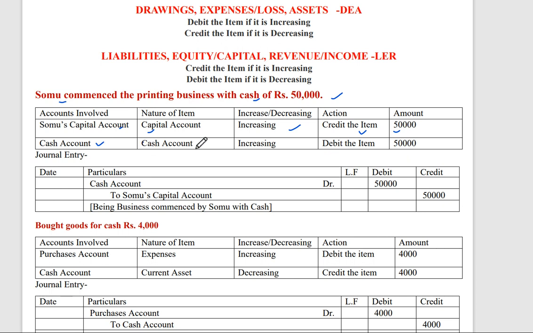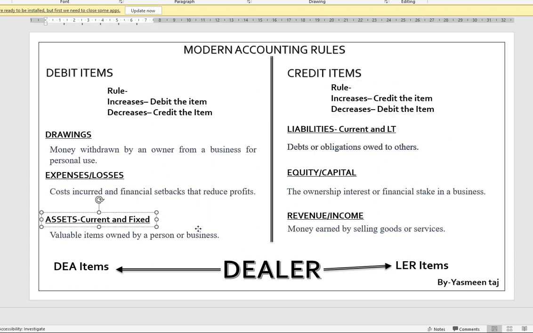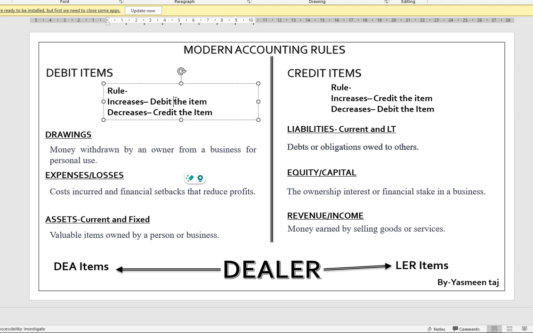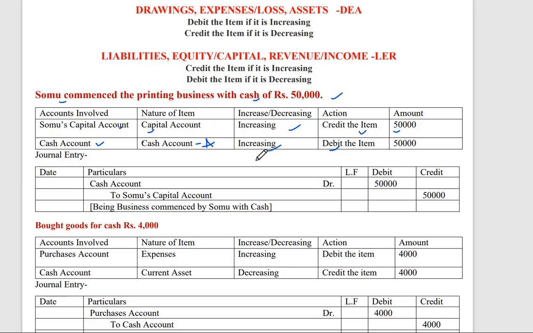Cash account is a form of asset, a current asset, and cash in the business is increasing, hence we have to debit the item. Here you can see in the rules, cash is a current asset. When an asset increases, we have to debit that item. So here the asset is increased in the business, hence we are debiting that item.